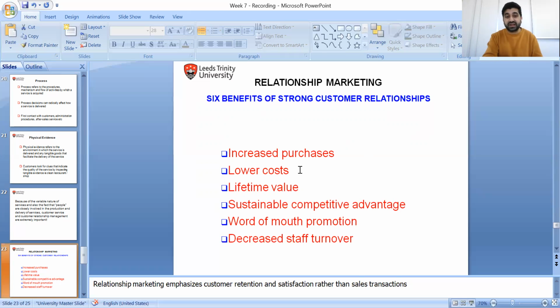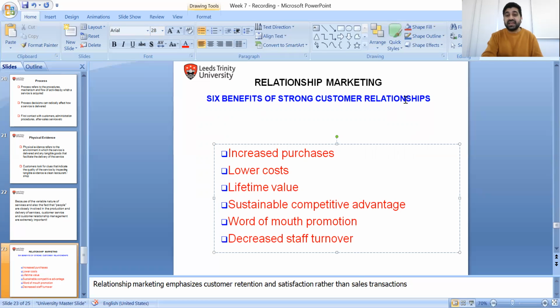Number two, lower cost. If your sales are high, then you will produce on a large scale, and if you produce on a large scale, then your cost will be reduced. Lifetime value, yes, because you are retaining your customer, your goodwill will be increased. Your lifetime value will be increased with the passage of time.